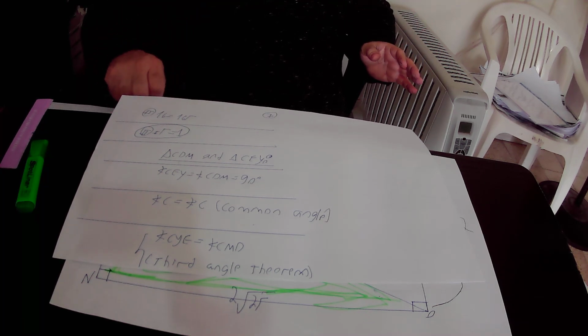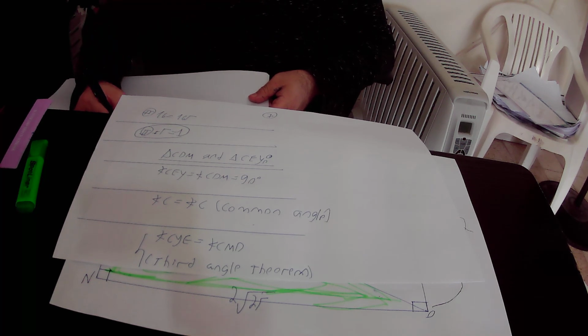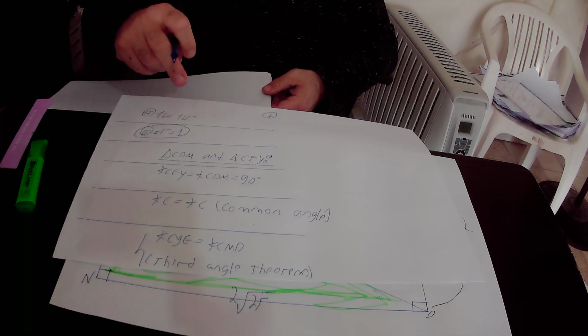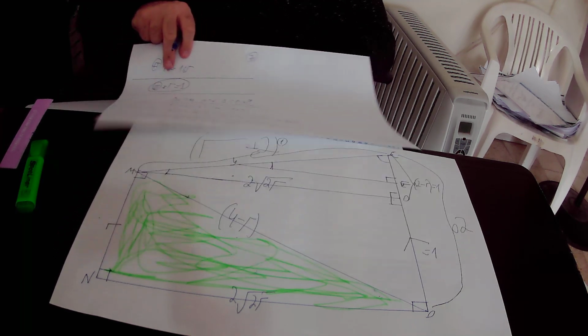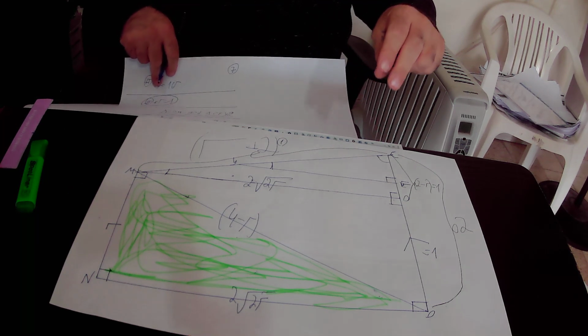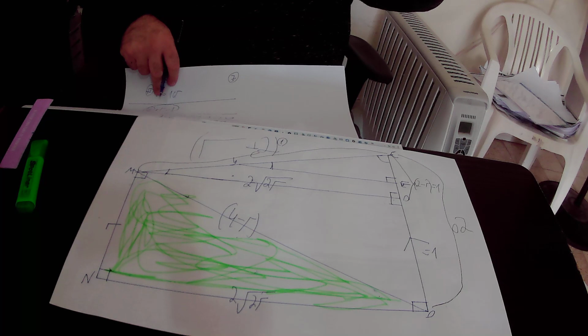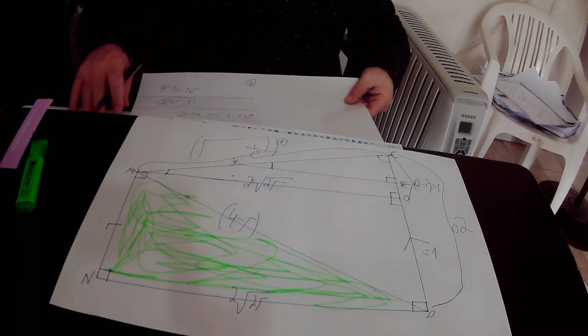Okay, so we actually proved that all three angles of triangle CDM are congruent to all three angles of triangle CEY. Therefore, we proved that those two triangles are similar to each other according to the angle similarity rule. So I will write it down.